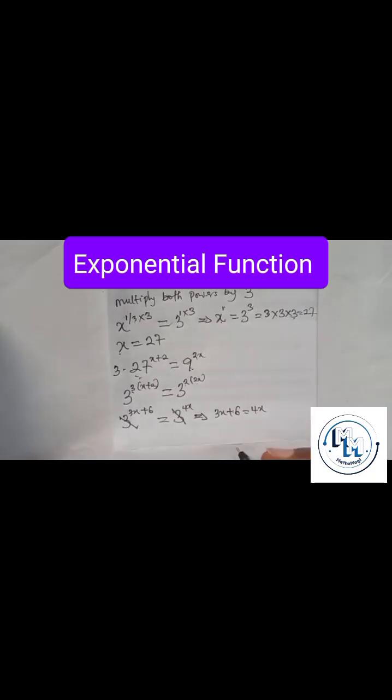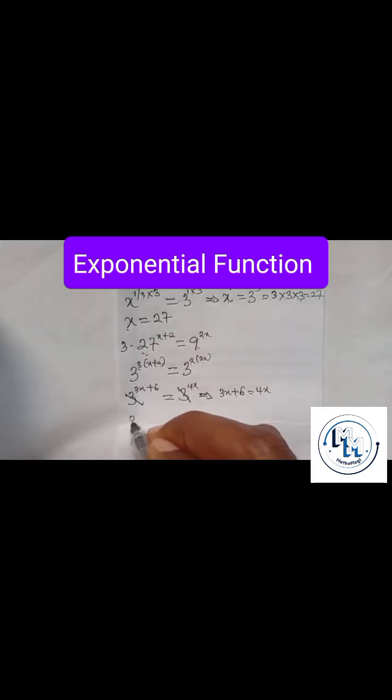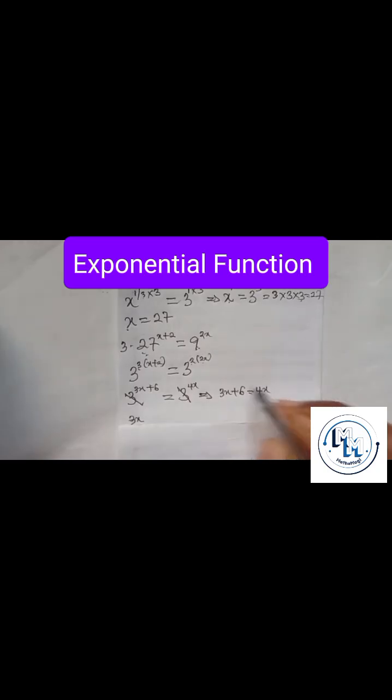When we collect like terms, we are going to have 3x, this one comes over, it becomes minus 4x, is equal to, the constant moves, it becomes minus 6 because here it is plus 6. So 3x minus 4x is minus x, equal to minus 6.